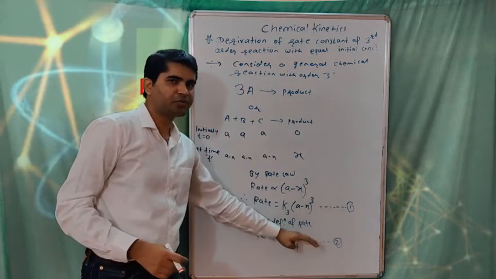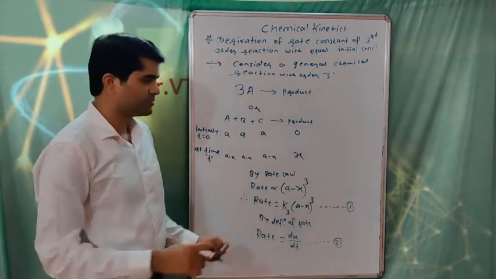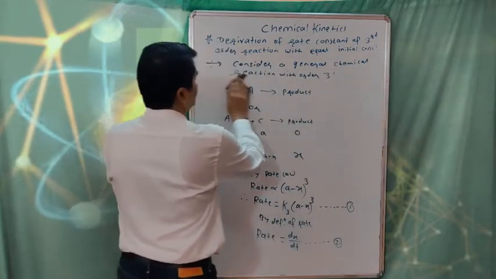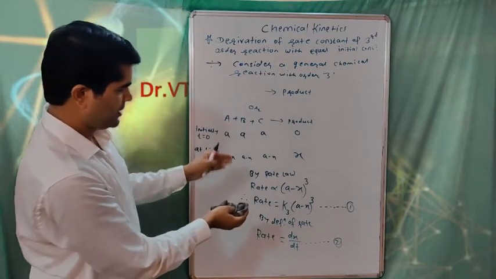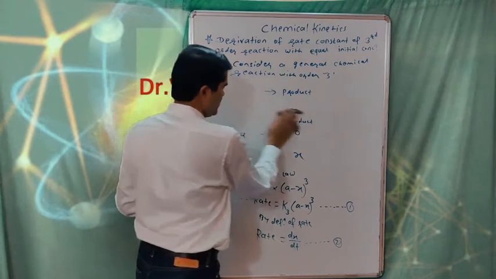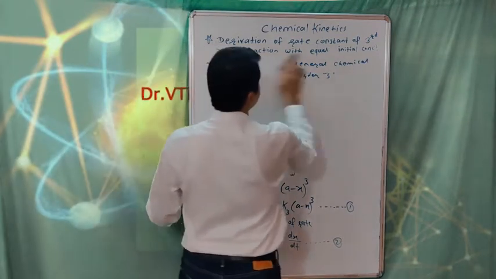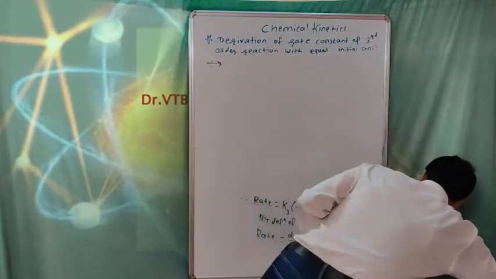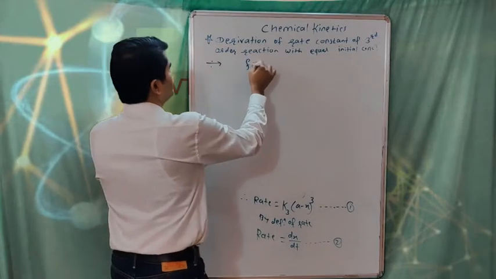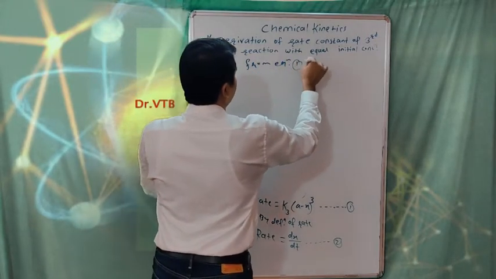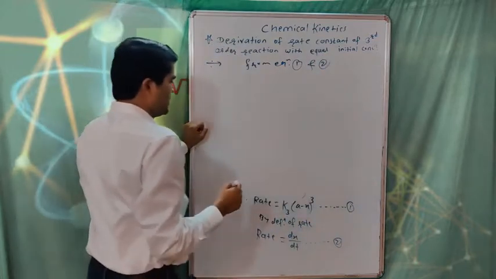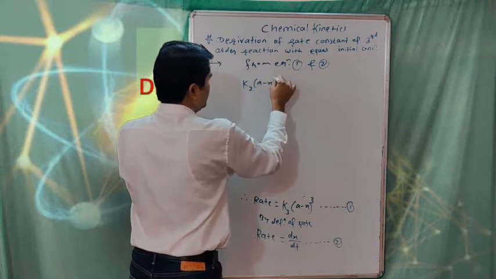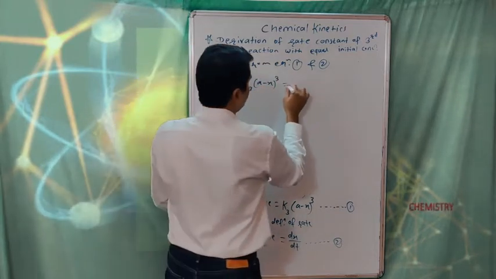Now from equation 1 and 2, left side is rate, so right side automatically will be equal, and therefore from equation 1 and 2, we can write k3 into (a minus x) raised to 3 is equal to dx by dt.